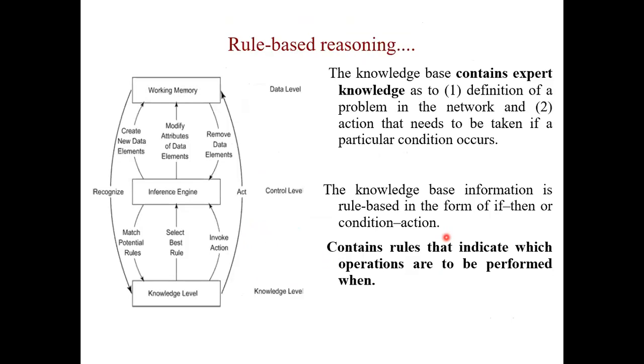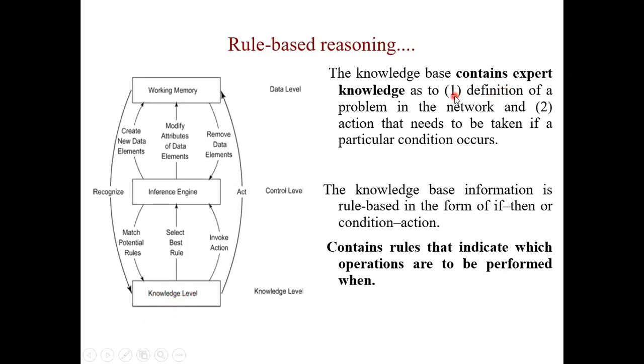So we have the knowledge base. At the knowledge level, we have the knowledge base. So here is an expert, we can say. So all the possible problems in the network, all those definitions are stored at this knowledge level. If a particular action that I have to take based on a particular problem, that is present at the knowledge level.